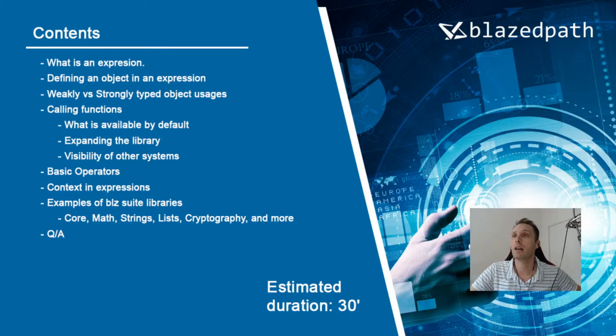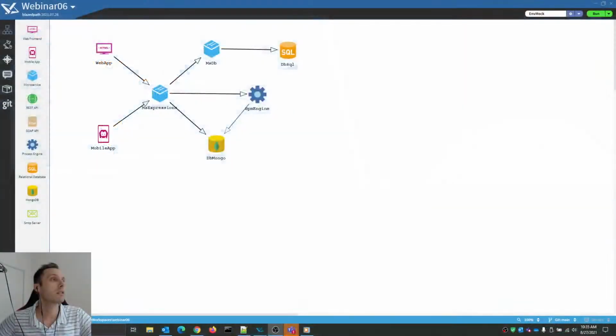As for what an expression is in Blazedpath, we are going to be working completely in the Blazedpath suite today, and we are not going to go anywhere else. But all the expressions we are going to talk about work everywhere. This is the architecture diagram, and the expressions work everywhere.